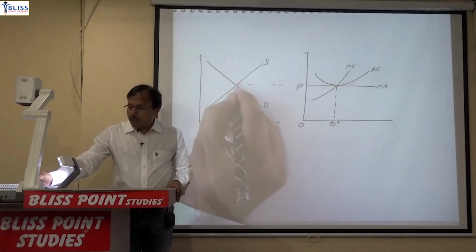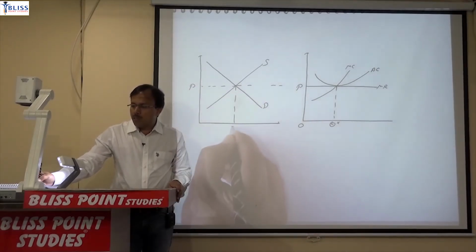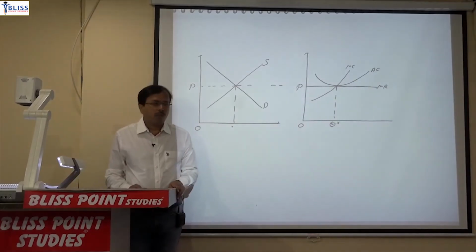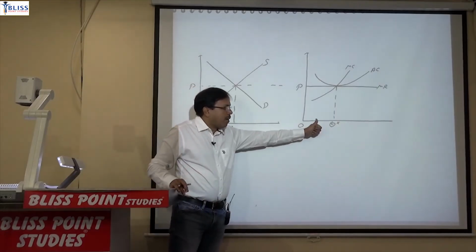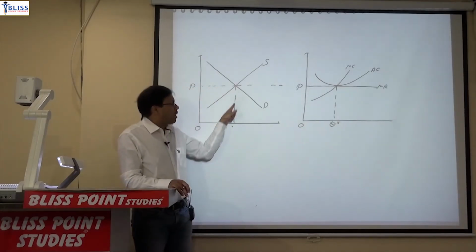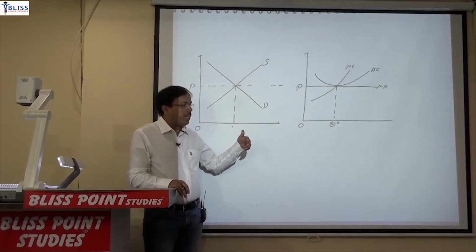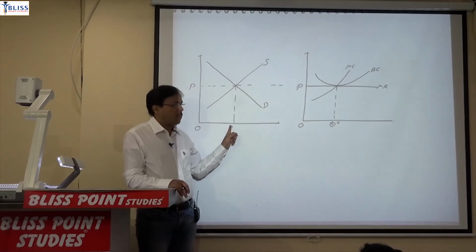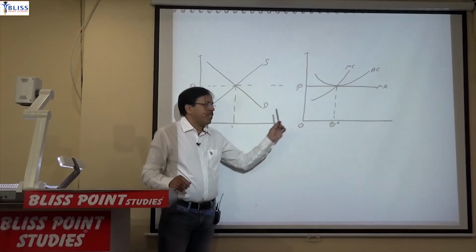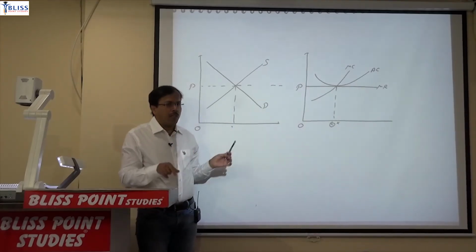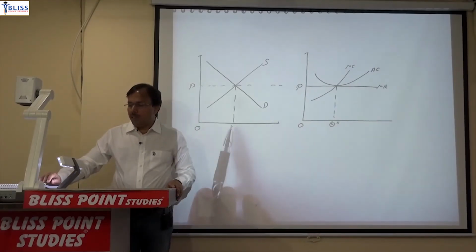ठीक है, नॉर्मल प्रॉफिट को आप एरिया के टर्म में शो नहीं कर सकते बिकॉज इट इज इंक्लूडेड इन कॉस्ट. Remember, this is the quantity produced by one firm and this is the quantity produced by market. So if you multiply one firm quantity with the number of firm, you will get this value.